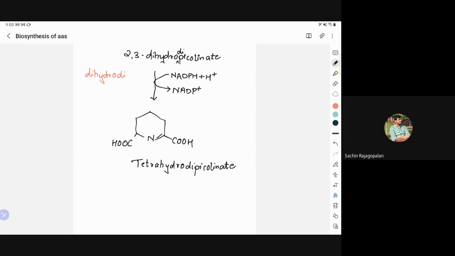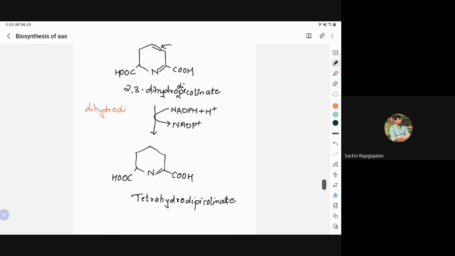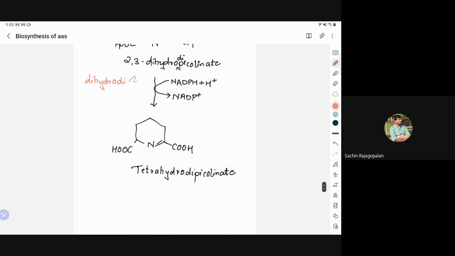This should have been dihydrodipicolinate because you have two carboxyl groups. So dihydrodipicolinate reductase will be your enzyme, which is responsible for reducing dihydrodipicolinate into tetrahydrodipicolinate. Dipicolinate, this word comes because you have two carboxyl groups involved.